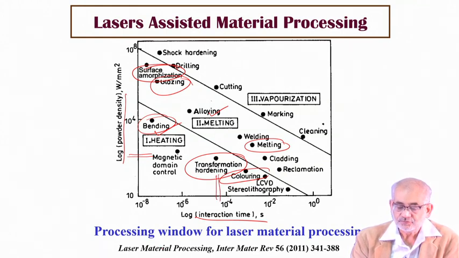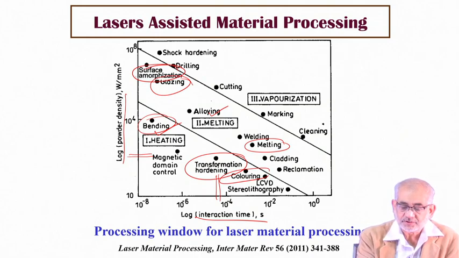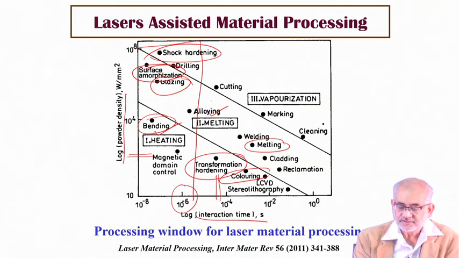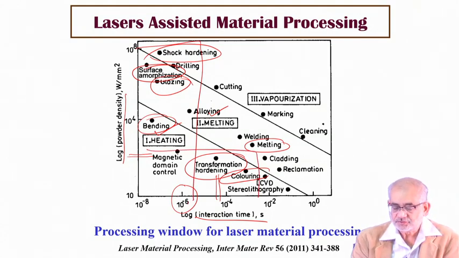On the other hand, if you want shock hardening or shock peening, then you are talking about extremely high power density, but for a very short period of time. So then the domain is only this much, whereas for hardening we are talking about a domain like this.